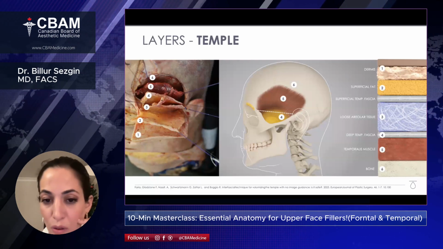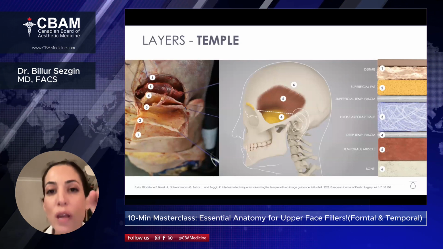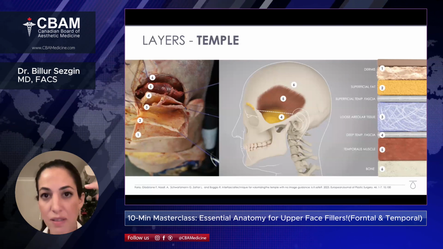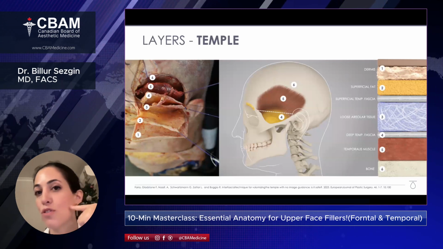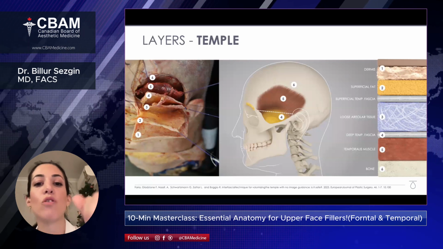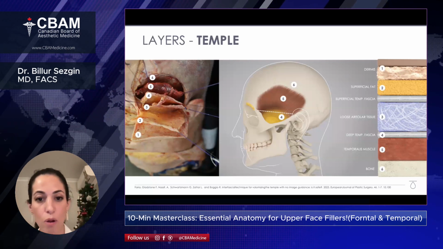This is important because when we inject any kind of product in this region, due to the chewing of the temporalis muscle, because it's a muscle of mastication, product can actually migrate from the temple into the midface. So for that reason, it's important to stay away from that particular layer, because we know that we can treat different layers in the temple.